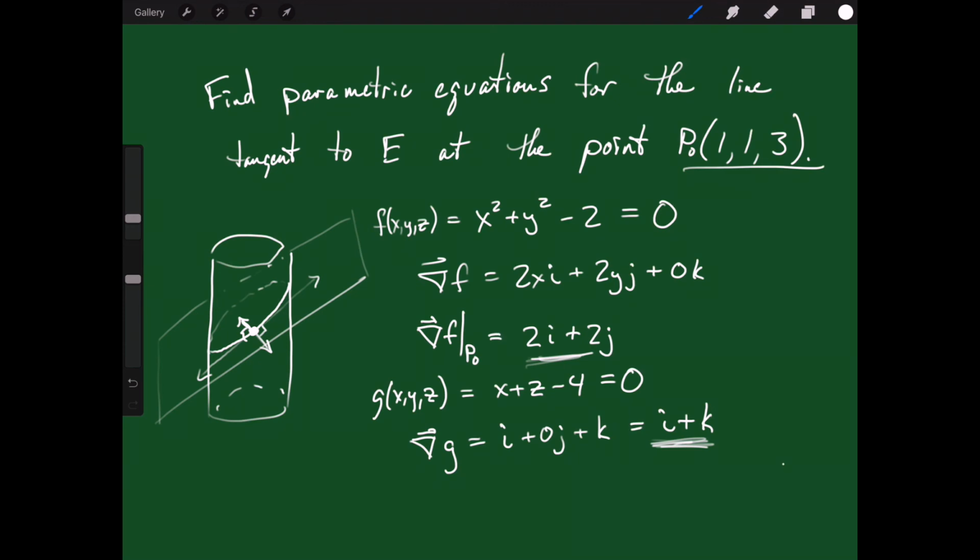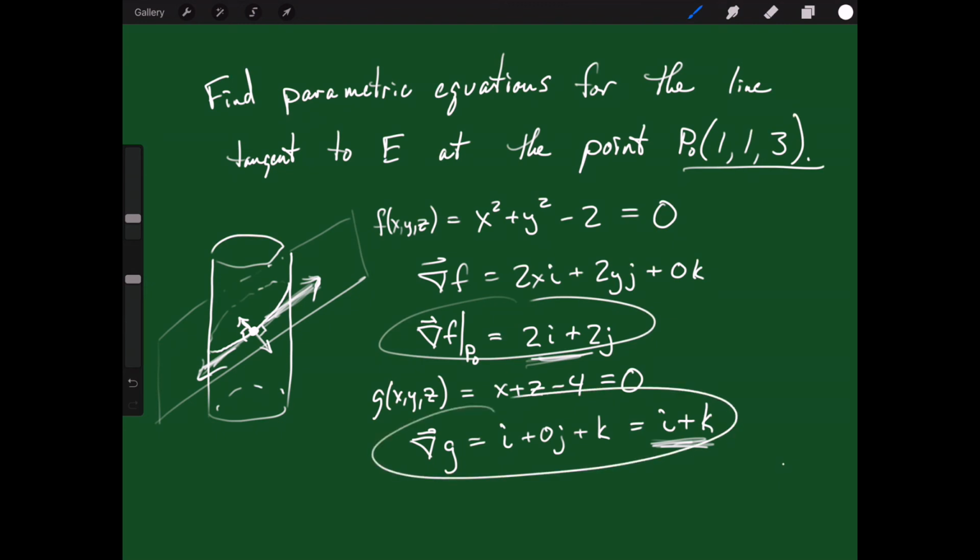That normal vector must be on the tangent line, or pointing in the same direction as the tangent line. So if I can just find that normal vector, that will help me to create this tangent line. So what I want to do is use these two gradients to find this normal vector.